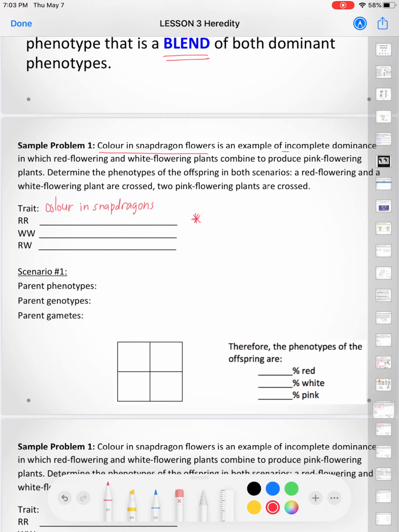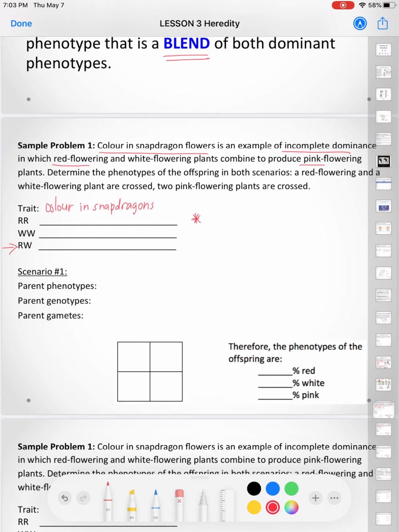In the question, it has to tell us that it's incomplete dominance, so we know what this heterozygous genotype is going to be. We have red flowering plants and white flowering plants, and they're going to combine to produce pink flowering plants. Look at that, that's our blend.